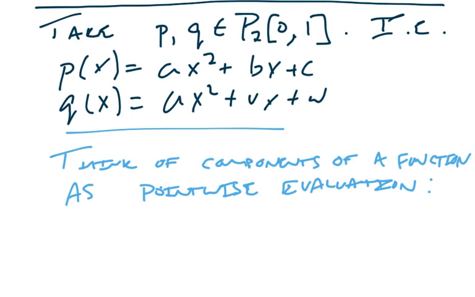So P of 0 is a component of P. P of 1/2 is another component of P. P of 1 over pi is another component of P. All these different values, when you plug in different values of x, are the different components of the vector that is the polynomial P.